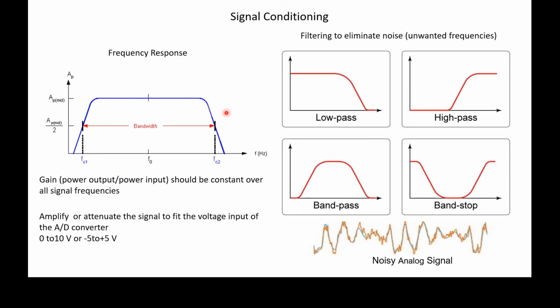When we look at our signal conditioning, we know what frequency response we want to measure. And we determine that by taking the amplitude of the signal versus its frequency, and we find this kind of thing.